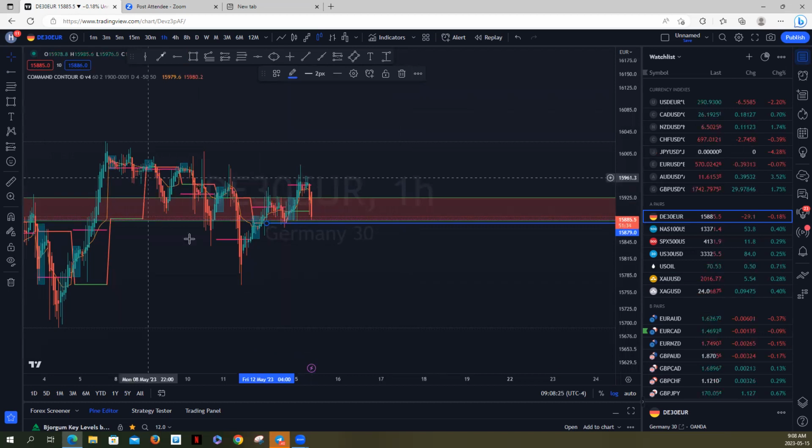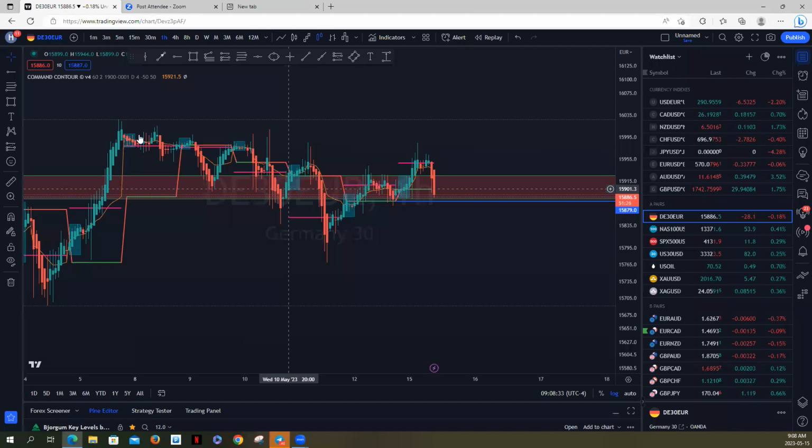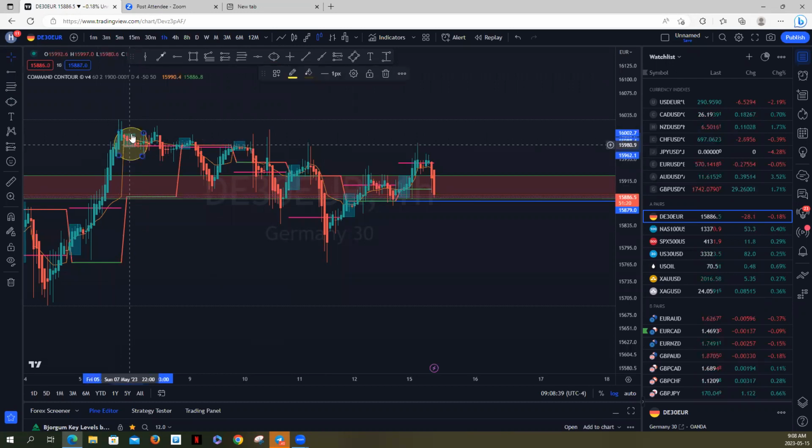But the ZAP zone could also help you determine where price is going, the trend of the market, right? For example, in this area, see the ZAP zone here, it's in consolidation. Anytime you see price goes above and below the ZAP zone all the time, that immediately tells you it's consolidation.